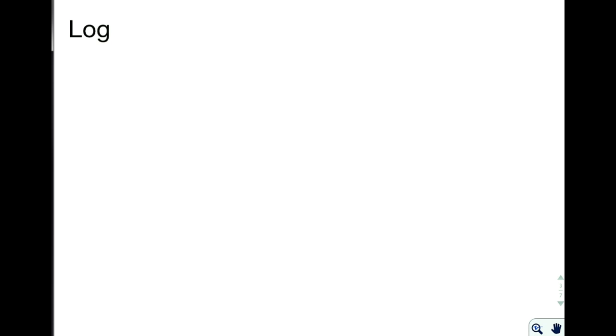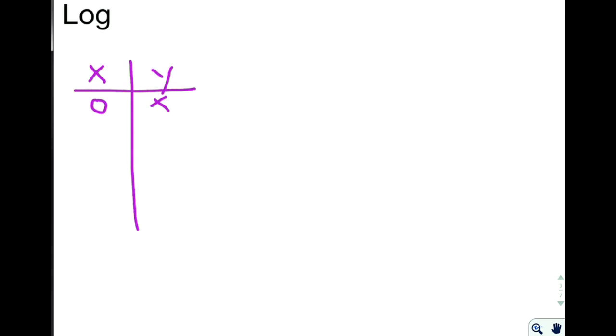So if we were to make an XY chart here and start plugging things into our calculator to see what it gives us for a log, if we plugged in the log of 0, you can't take the log of negatives, and if you actually even typed in the log of 0, your calculator would give you an error. So it cannot do that. So it has to be something slightly greater than 0.